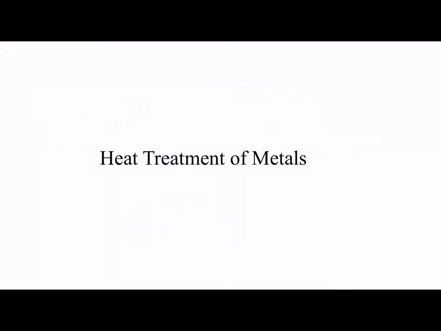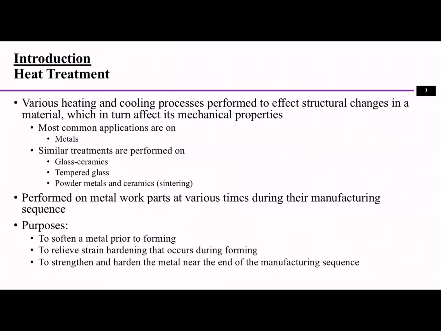First, heat treatment of metals. In this lecture, we are mainly focusing on metals because metals are the most common materials in the processes and operations that we see in industry.